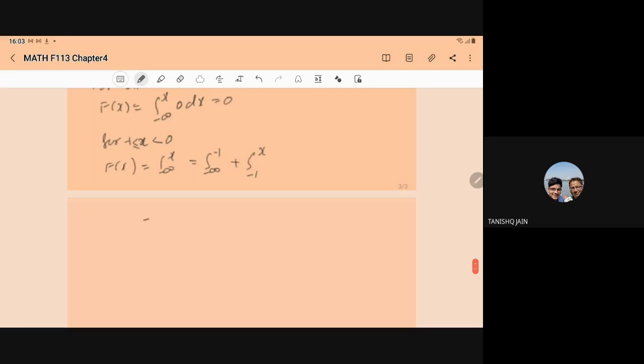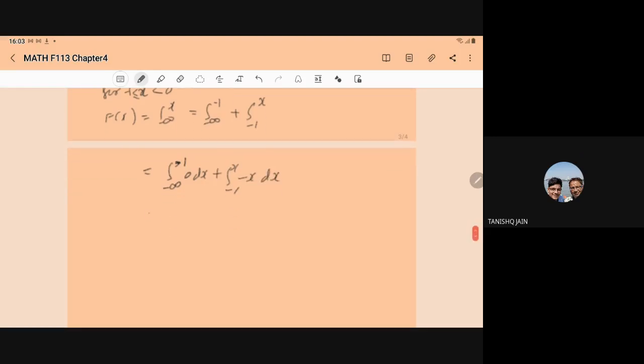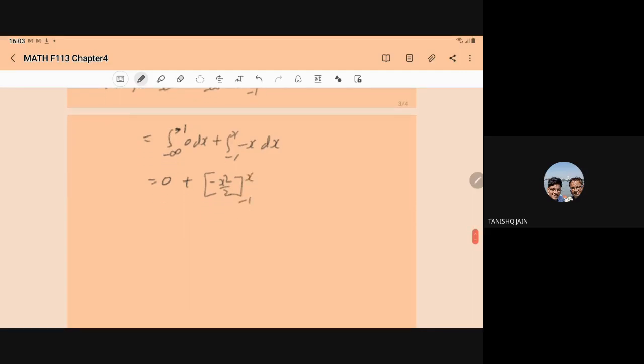So it will be the integral from minus infinity to -1 of 0 dx plus the integral from -1 to x of -x dx. So this will become 0 plus, here we have -x square by 2 from -1 to x. So this will become 1 minus x square by 2.